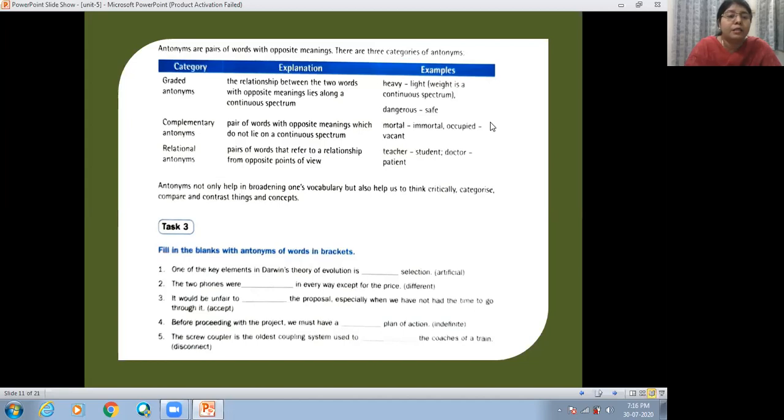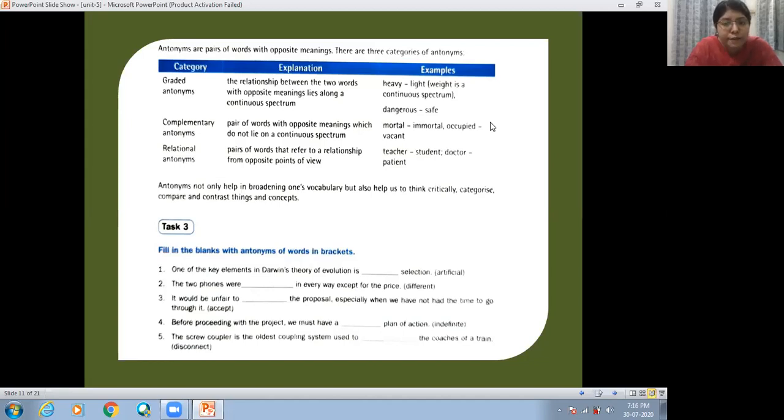The second one is complementary antonyms which do not lie on a continuous spectrum. So while looking at the examples, we come to know exactly what it is. The first one is heavy, light. Dangerous, safe. The next is mortal, immortal. Occupied, vacant.